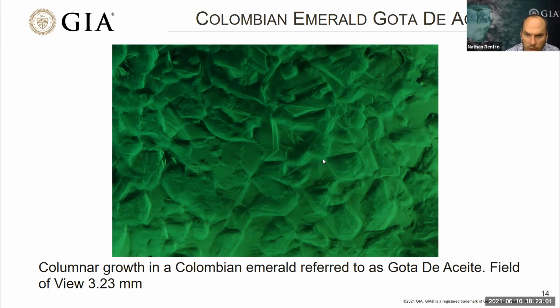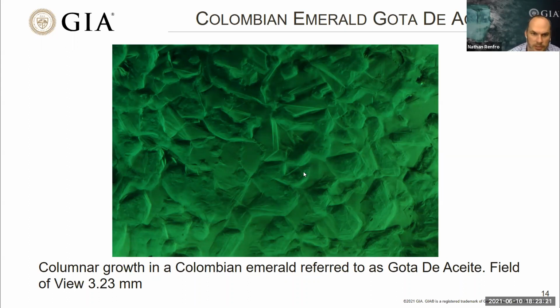And so you probably have multiple stages of growth. You have these little columnar sectors, and then a second stage of growth where perhaps the chromium and iron, or the chromium and vanadium, was depleted a bit, and so you've modified the refractive index in these intermediate areas.